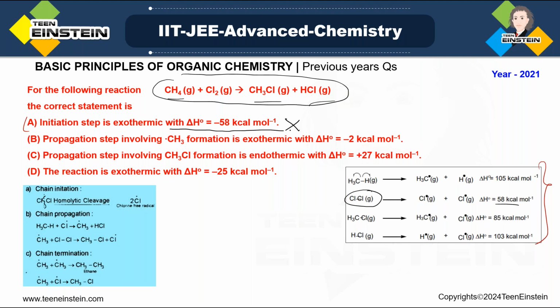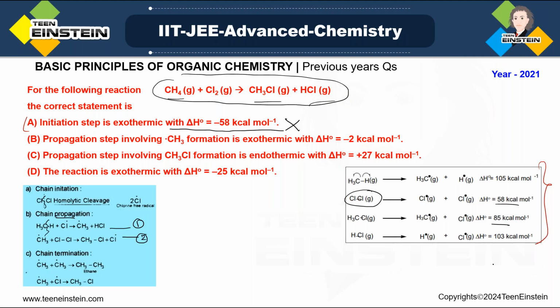Propagation step involving CH3 dot formation. Propagation steps may be of two types. This is number one propagation step, and this is number two. In the first propagation step, you are breaking the carbon hydrogen bond. To break the carbon hydrogen bond, obviously you have to use energy, this energy.